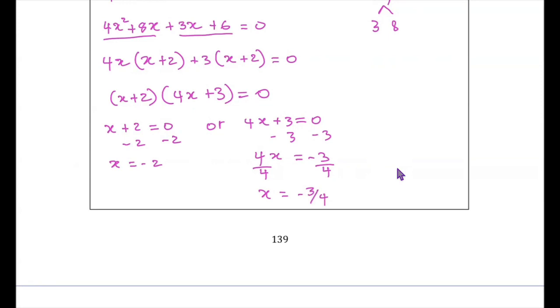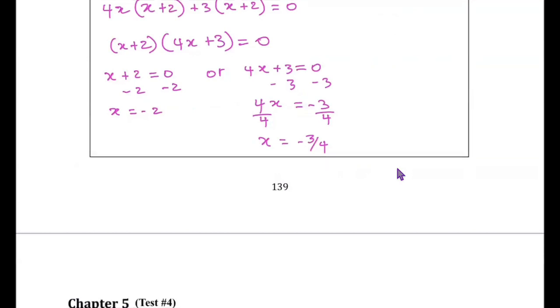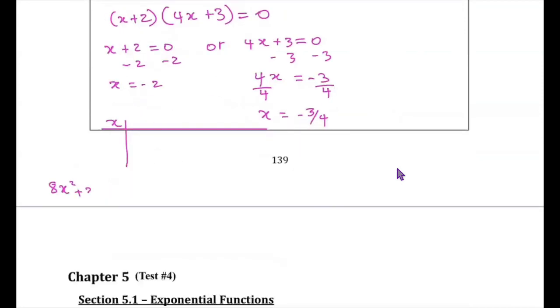And then we can go ahead and set up the table so we can study the sign of the expression. So we get x, and then you have the expression 8x squared plus 22x plus 12. That's the expression we're trying to study its sign.